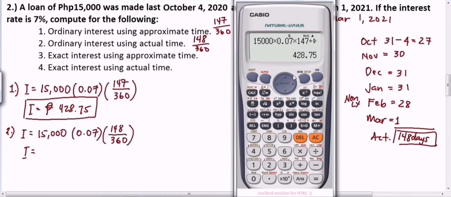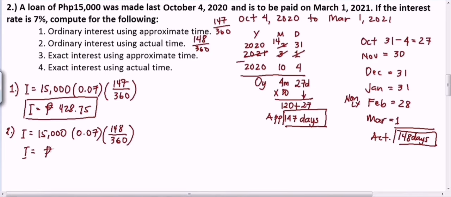So, pwede nating i-edit na lang to. Ayan. So, 360 na to, gagawin ko na lang tong 148. So, pwede nyo gawin yun para mas mabilis. So, the answer is 431.66666 na yan. So, 431.67.